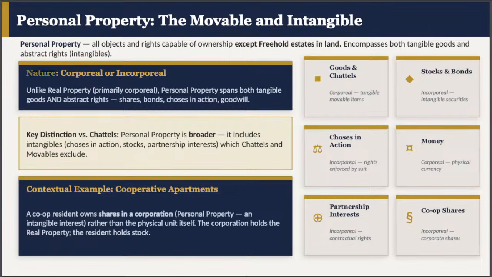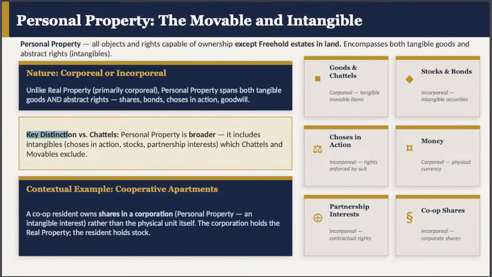So here's the nature of this. We have the corporeal or incorporeal, the nature of your personal property. Unlike real property, which is primarily corporeal, except in hereditaments, which we have a little bit of both, personal property spans both tangible goods and abstract rights: shares, bonds, choses in action, and goodwill. And goodwill, wow.